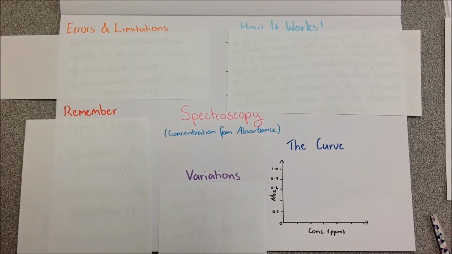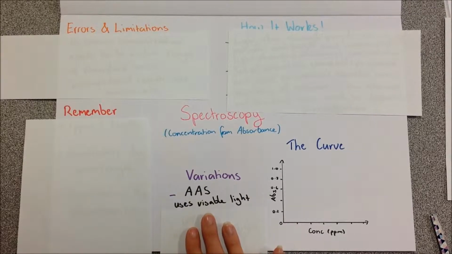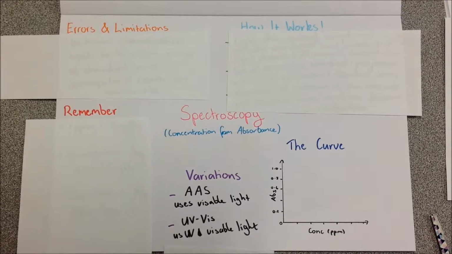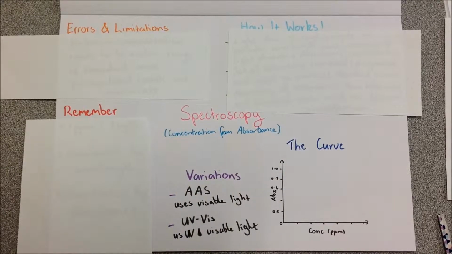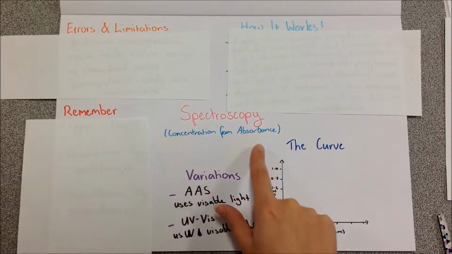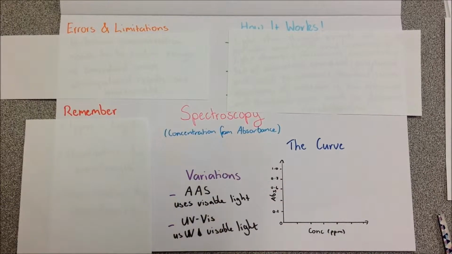Time to review spectroscopy. We're just going to talk about two of the types of spectroscopy in this video, and they are AAS, which uses visible light, and UV-Vis, which uses UV and visible light. Spectroscopy is just an analytical technique we use to determine concentration from absorbance of light.